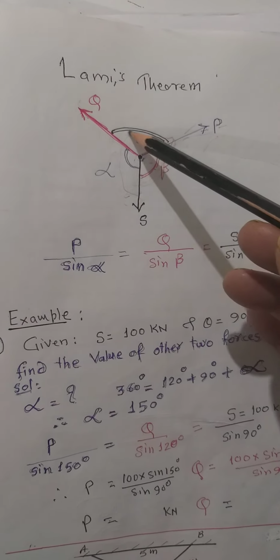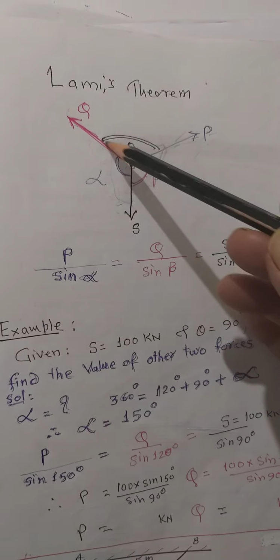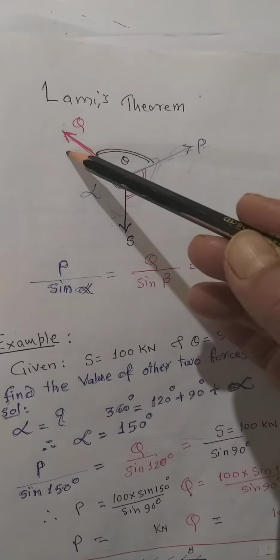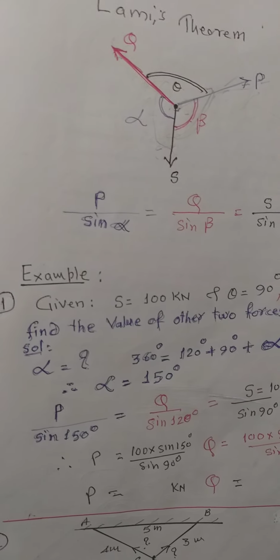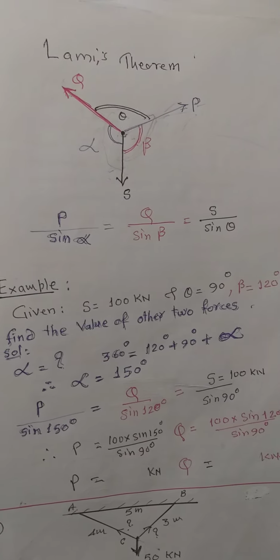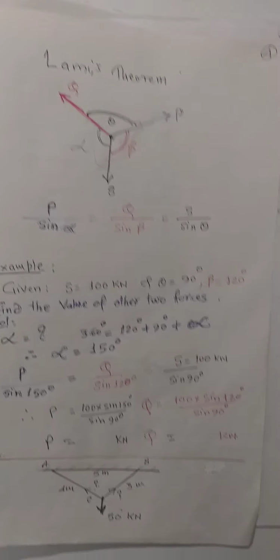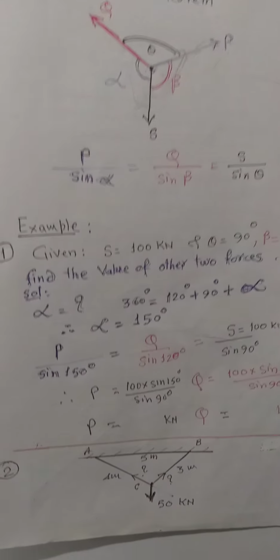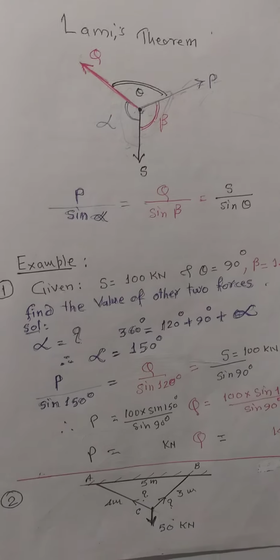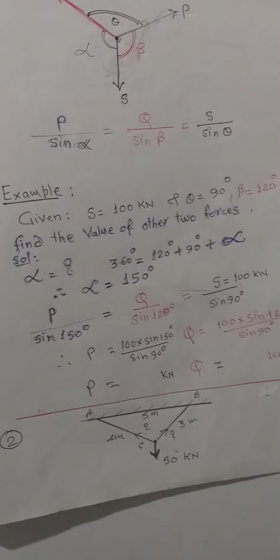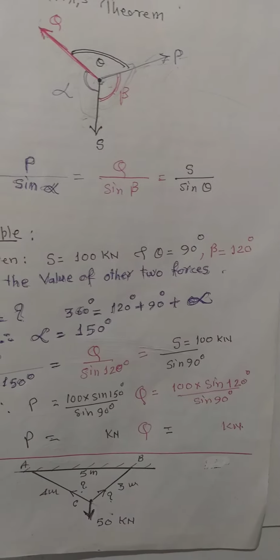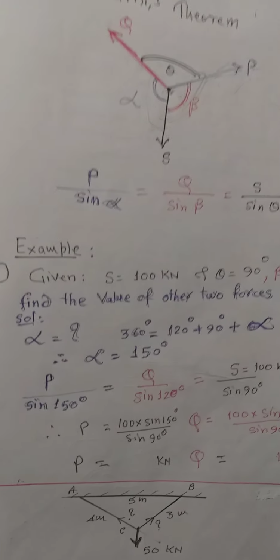And S upon sine of theta, the angle between P and Q. This we can call Lami's theorem. On the basis of this, now we'll try to solve a few problems on Lami's theorem, which is supposed to be one of the most important theorems so far.